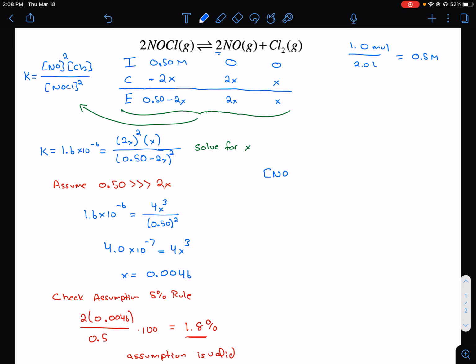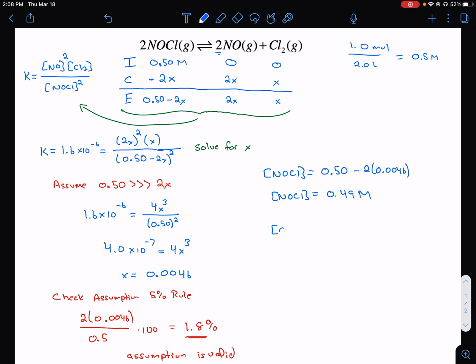So NaCl is equal to, and we can see we have 0.50 minus 2 times 0.0046. And so our concentration of NaCl is going to end up being 0.49 molar to 2 sig figs.